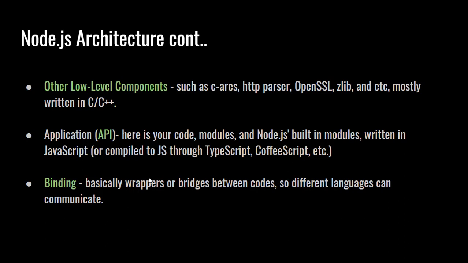It's basically a plugin that will transform your JavaScript into strongly typed script, if that makes any sense. It's kind of like you're programming in C# or Java. It'll enforce types on you. So if you hate the dynamic typing of JavaScript, this is a way of enforcing types. Bindings are basically wrappers that bridge the gaps so different languages can communicate in the architecture.